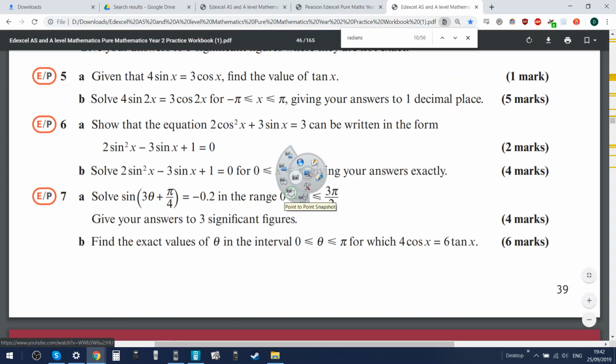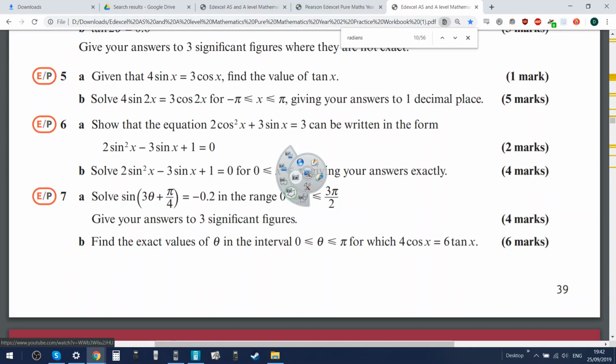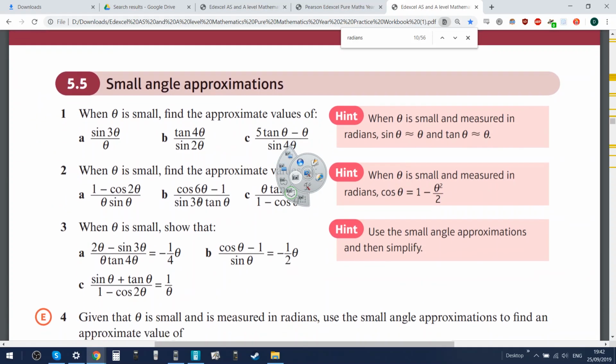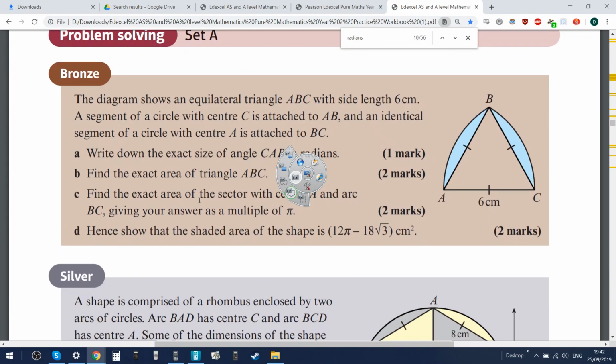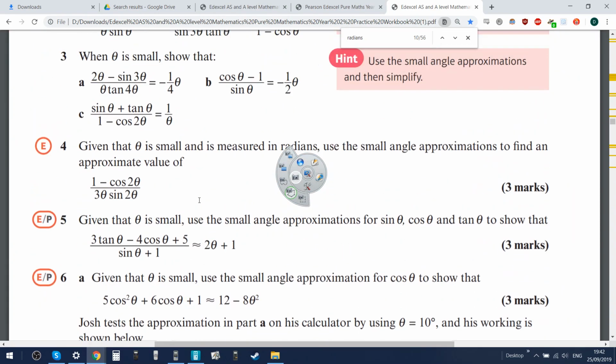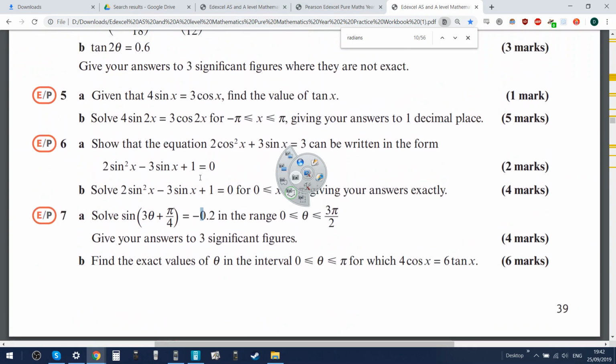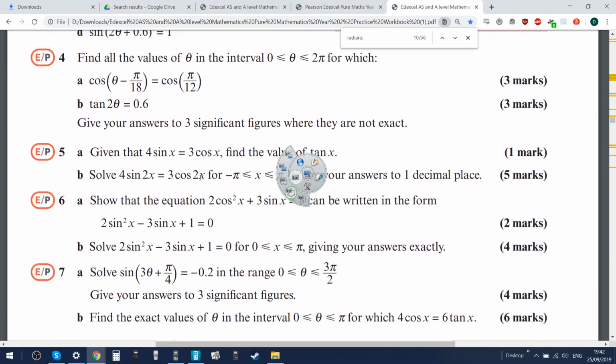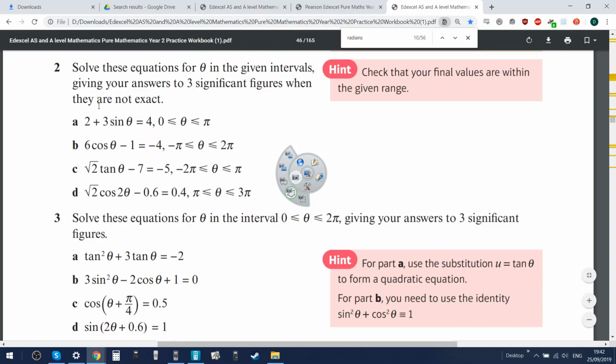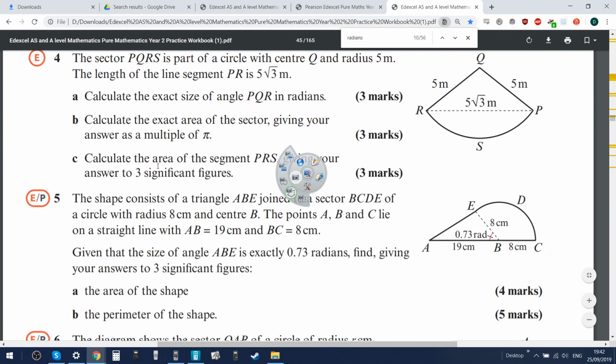Hang on, before we do this, should we do more solving or more specifically the double angle? Do you want more solving or double angle stuff?